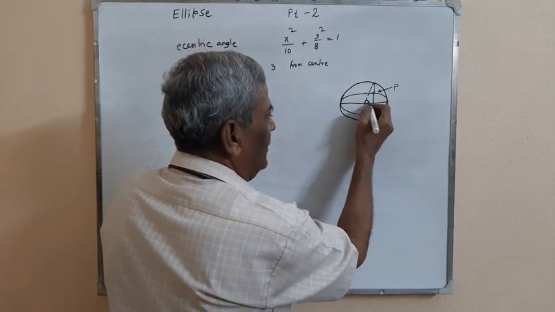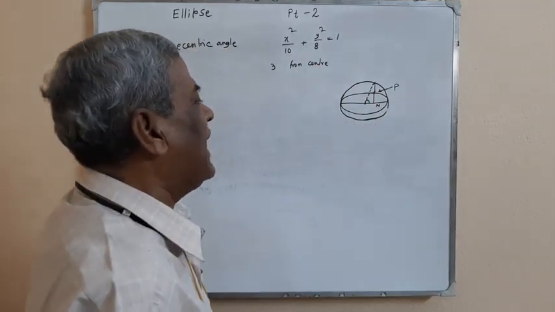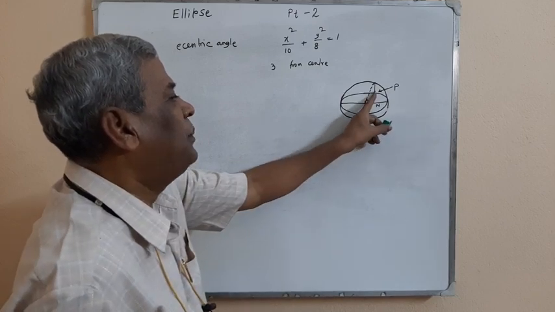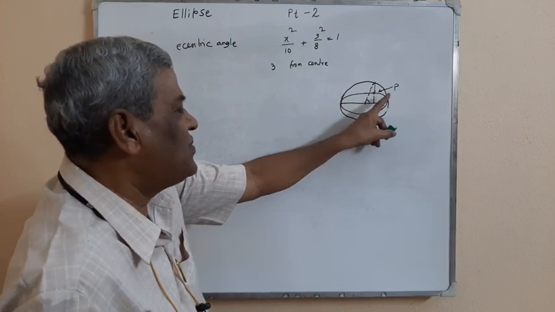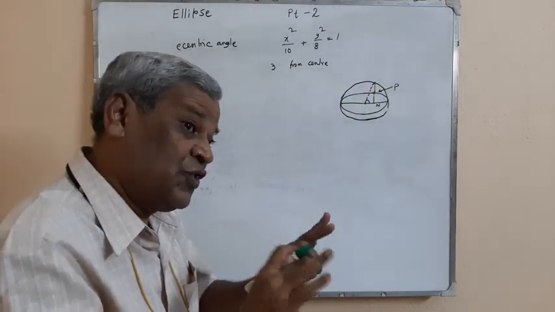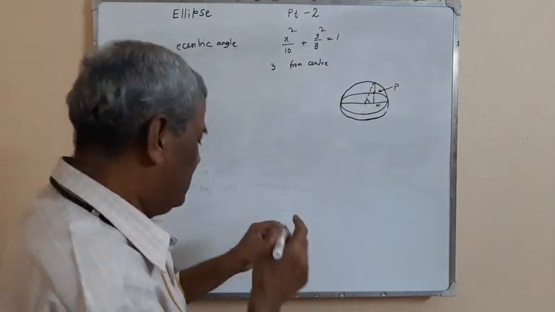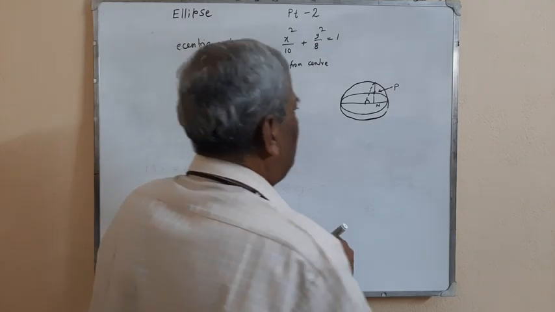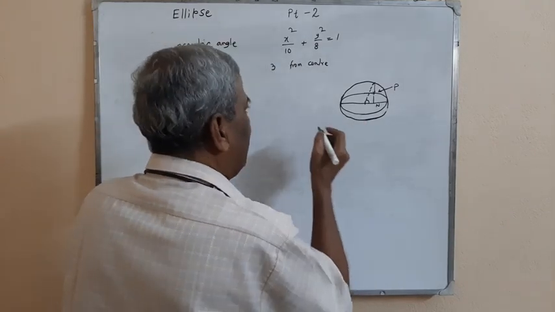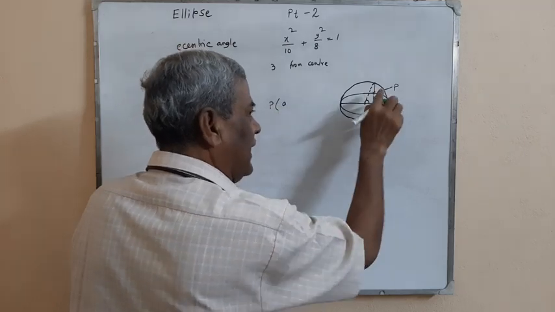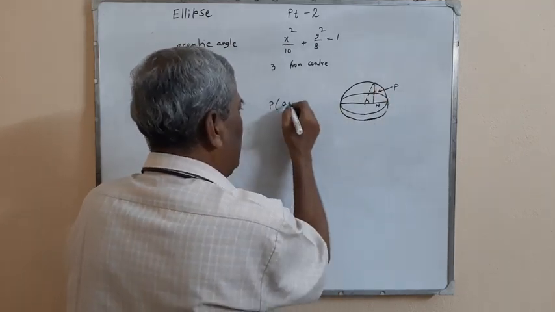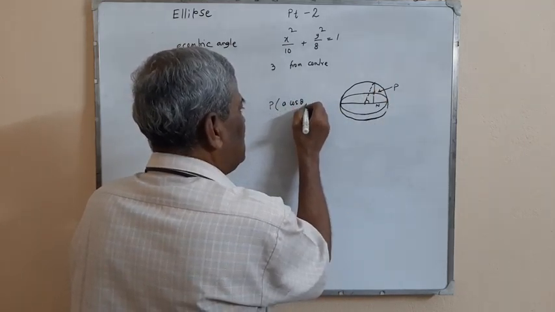That angle is called eccentric angle of the point P. This is the definition. But for calculation, we can take P as any point P, parametric form is a cos theta, b sin theta.